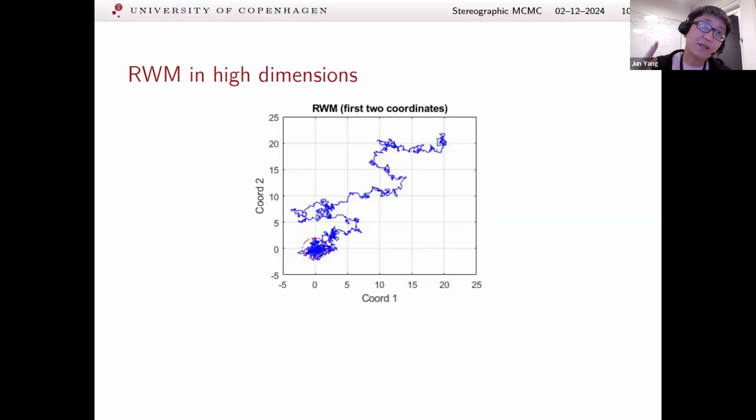If you make a very large move in the orthogonal space, then by the curvature you are actually leaving the circle. So in order for the proposal not to be rejected, you have to choose a very small step size to balance these two. One direction is a correct move but very small, but most of the move is in orthogonal space, so you have to take a very small step size.